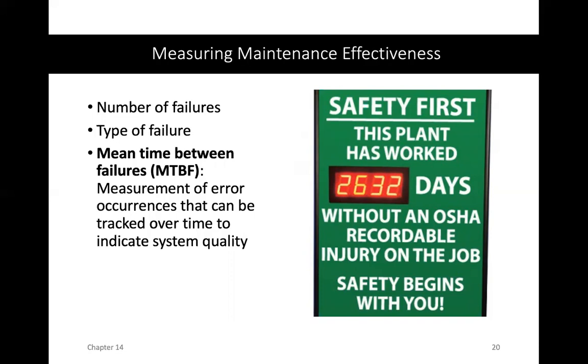To measure effectiveness, you must measure the number of failures and type, and the time between each type of failure. This is what we call mean time between failures, MTBF, a measurement of error occurrences that can be tracked over time to indicate system quality. So we understand the number of failures, the type of failures, and the average time between each failure.